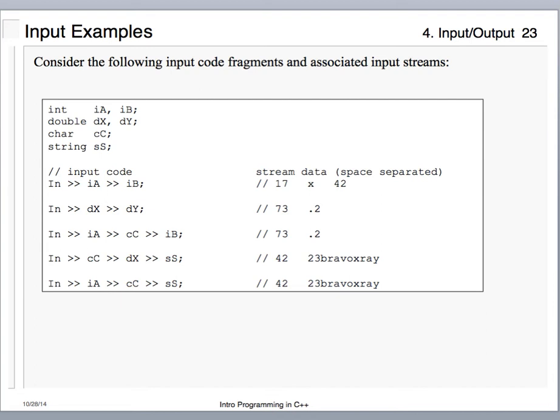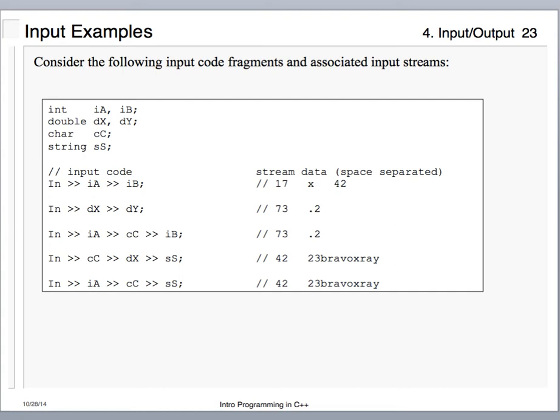In this first case, we're expected to read an integer followed by another integer, iA and iB. We see there's a 17 and then an X. So iA should be set to 17. The X, however, is a textual character, which we can't convert to an integer, at least not using standard type conversions. So there would be an error on that input stream, and we need to know how to retrieve that.